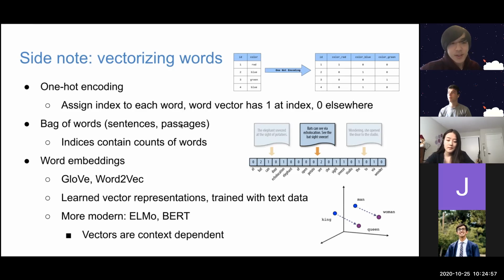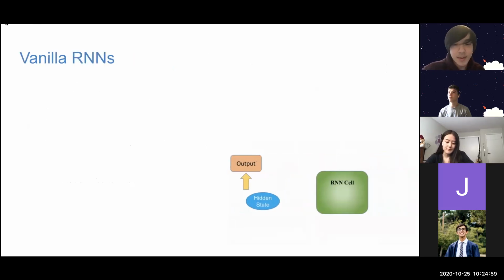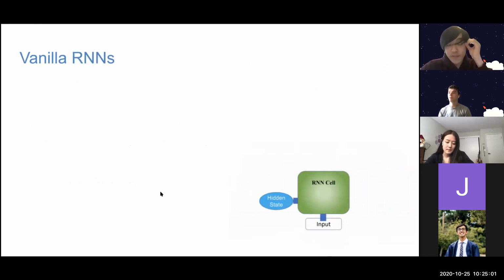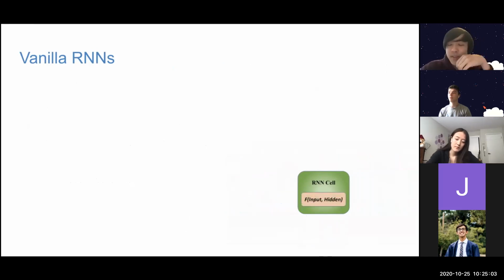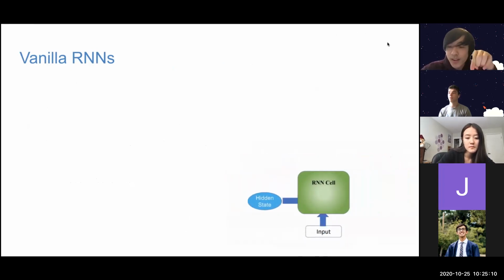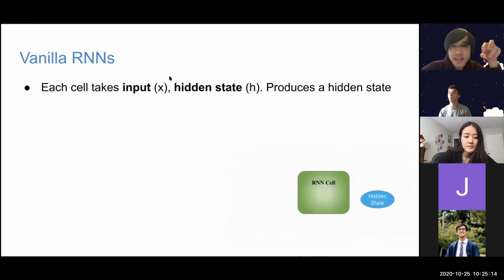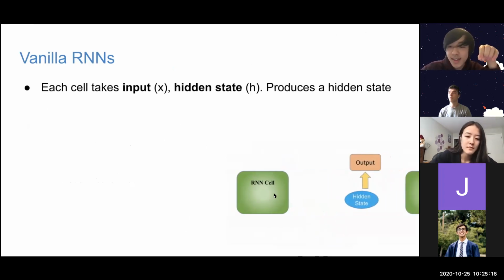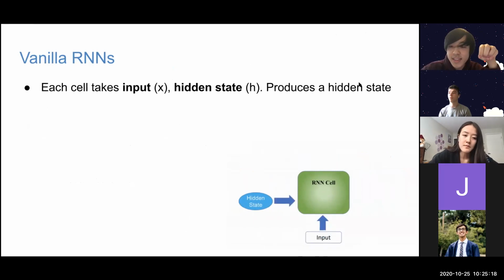All right, so I'll move on for now. Now I'm going to start talking about vanilla RNNs. What a vanilla RNN looks like is basically what you see on the bottom right side. There's what we call an RNN cell, and it takes an input and a hidden state, and it also produces a hidden state.